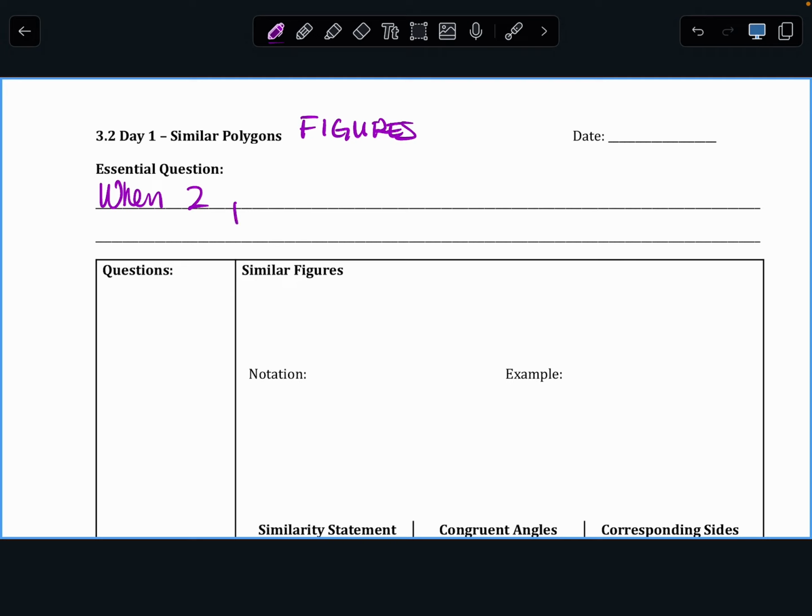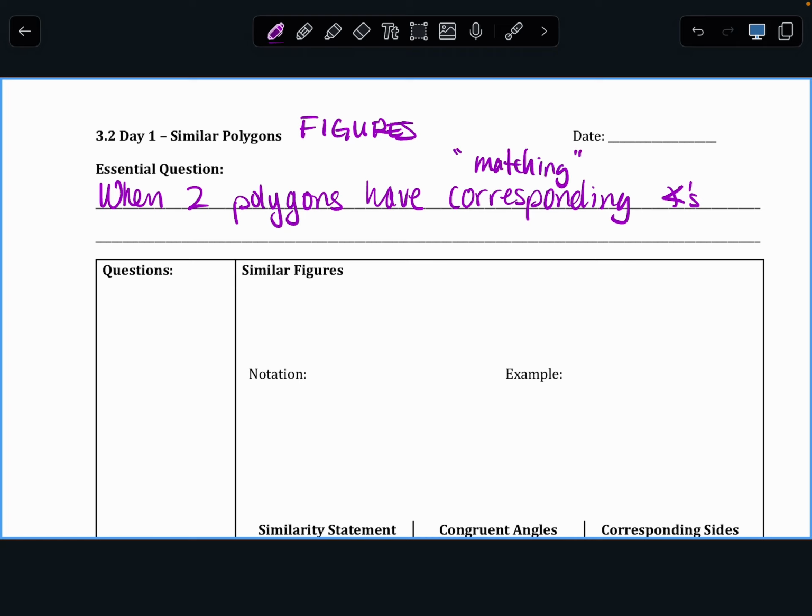So when two polygons have corresponding, what does corresponding mean? Matching. So matching, like we did when we were talking about triangles.